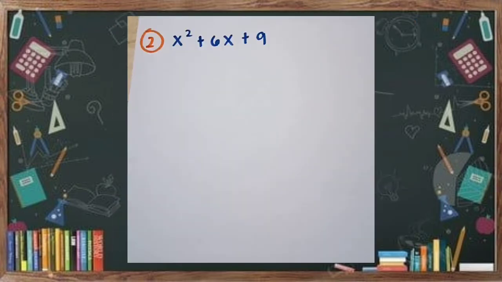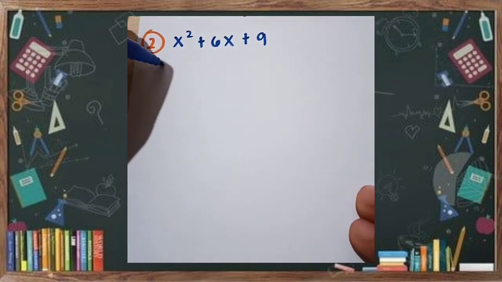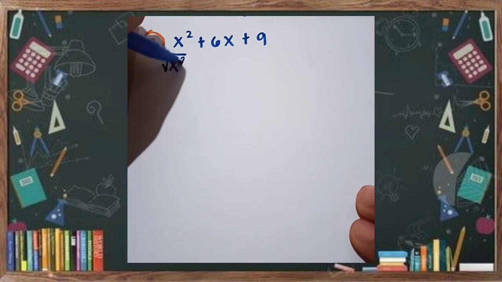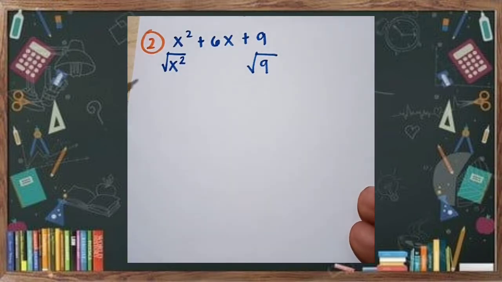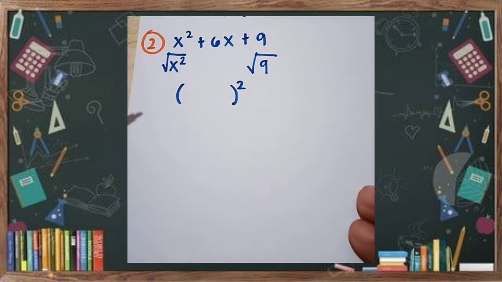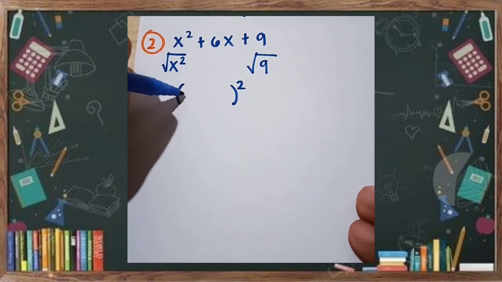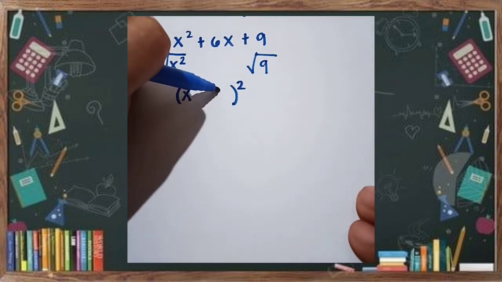Okay. So, let's have another example. Our given is x squared plus 6x plus 9. Okay. So, we need to first get the square root of the first term and the square root of the third term. Okay. So, ilalagay natin dun sa form ng ating square of a binomial. Okay, so what is the square root of x squared? E di x. What is the square root of 9? E di 3.